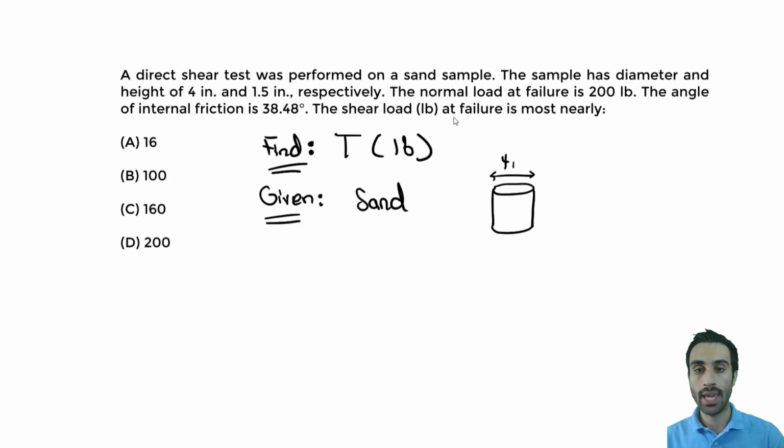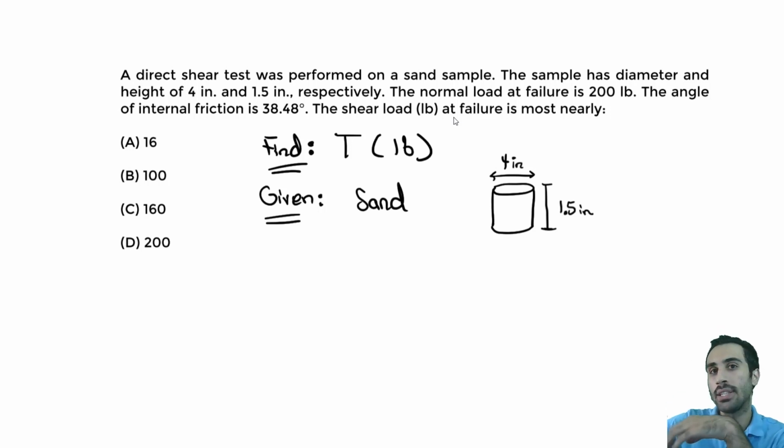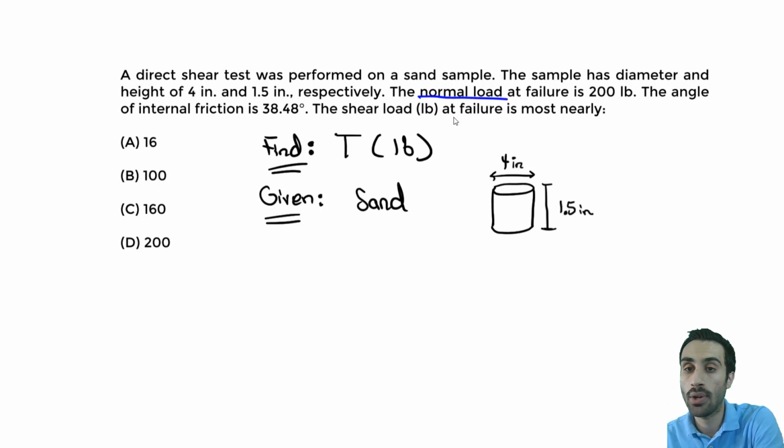We also know it has a height, which is also given, of 1.5 inches. Then we know the load at failure. When we do this test, as we talked about in the lesson, we have a load at failure, and it's going to be a normal load. They specifically say that in the problem statement. So it's a normal load at failure.